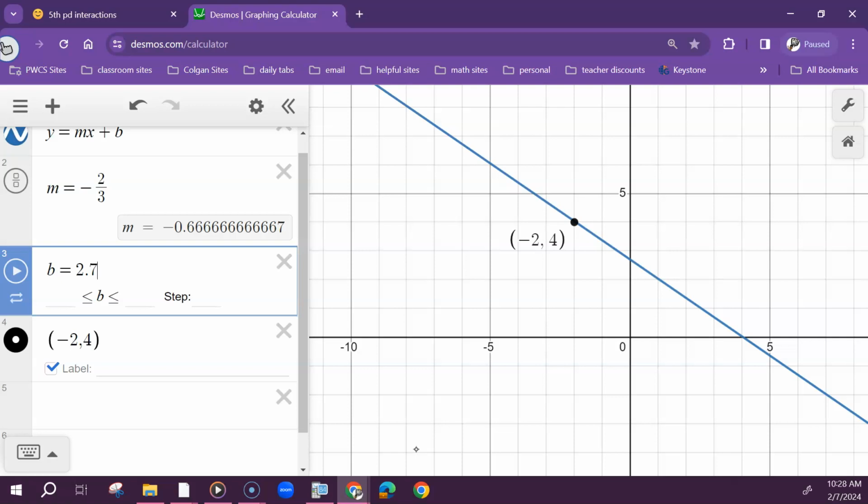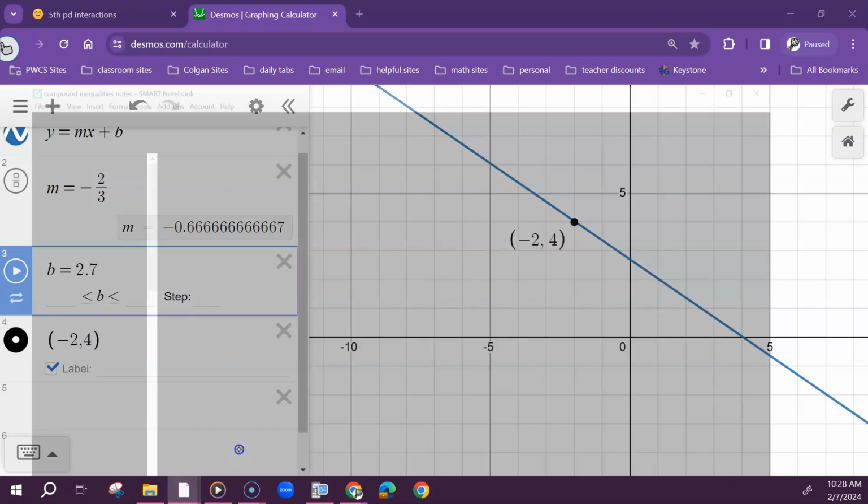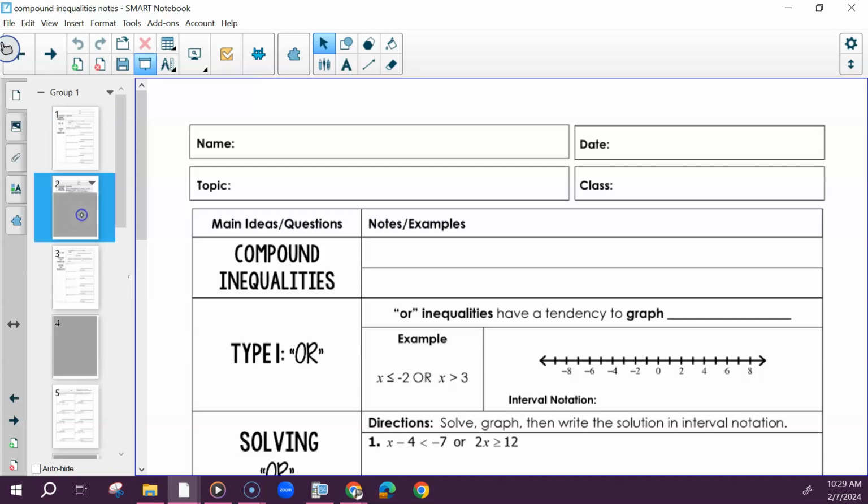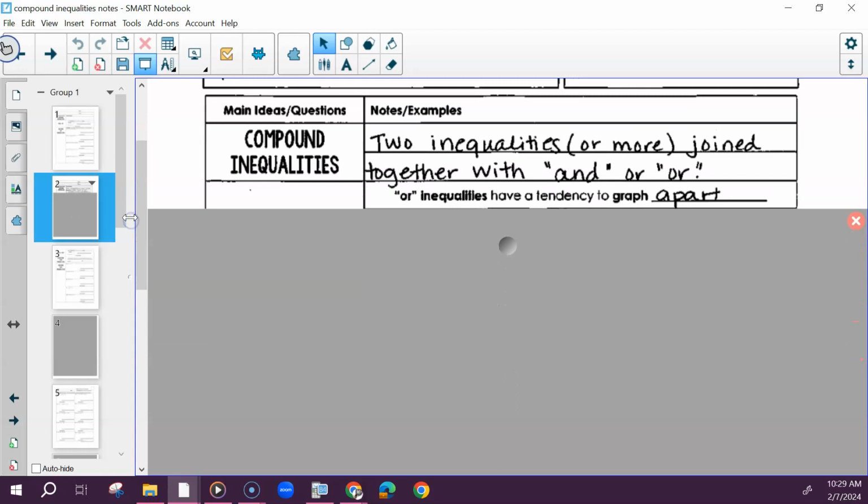Okay. So today we're going to continue our inequality notes. This is an advanced topic, so specifically for you guys, the other classes wouldn't have seen it. You can go ahead and write this definition.